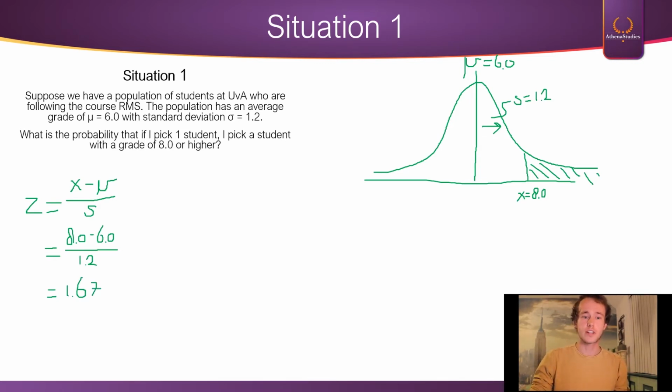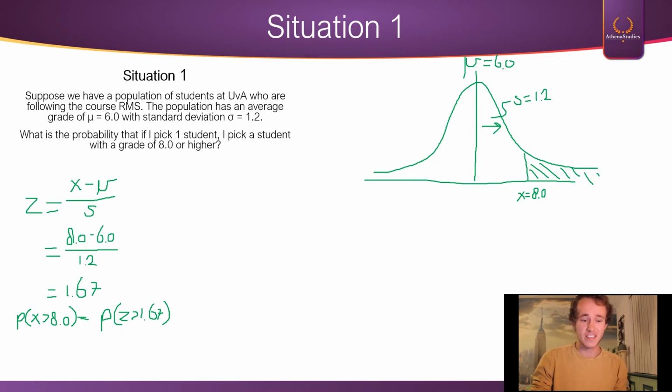So to calculate the probability that if I pick one student, I by accident pick a student who has a grade of 8 or higher, I need to calculate the probability that x is bigger than 8.0, and that is the same as, as we just calculated, a z value that is higher than 1.67. And recall that we can calculate this in two different ways.